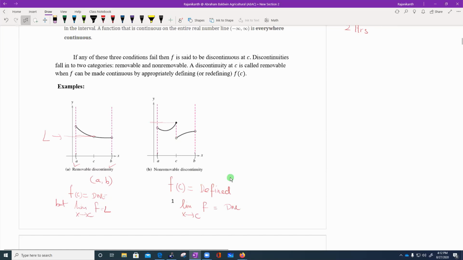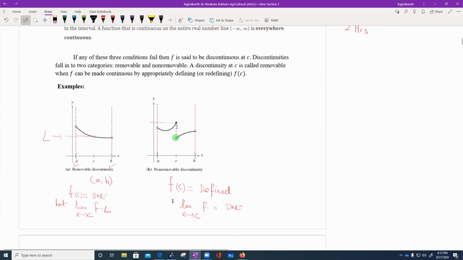So this does not exist, right? Remember, in the first section, 1.2, when we studied the limit: if you are asked to find the limit, that means the right limit and left limit are supposed to be equal. But in this case, the left limit is bigger than the right limit, therefore not equal.